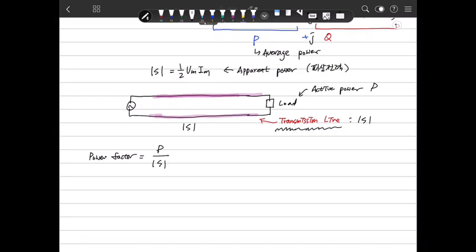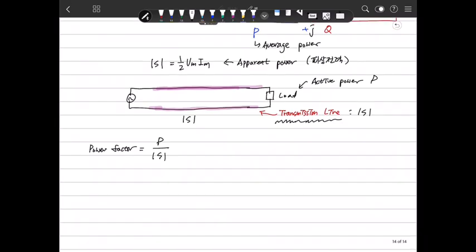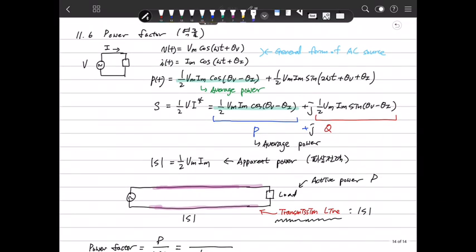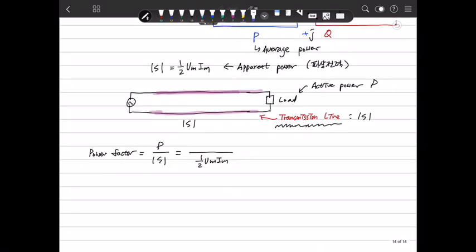For example, if the power factor is 0, that means there is a lot of power flowing through this line, but the active power is 0. There is no power really delivered. So the maximum power is one half Vm Im, and the active power is like that.